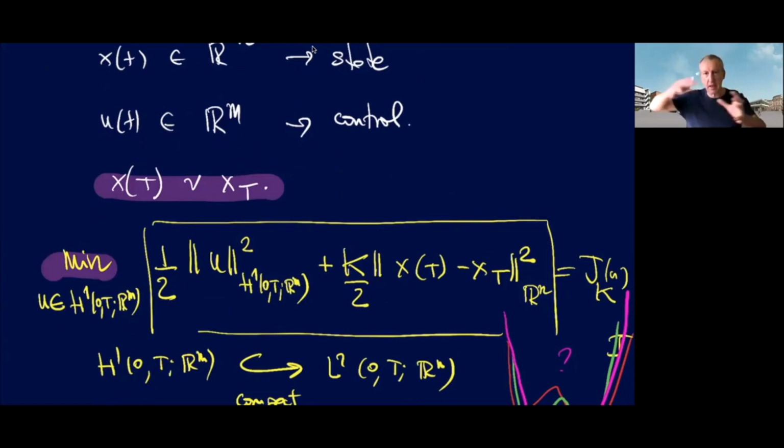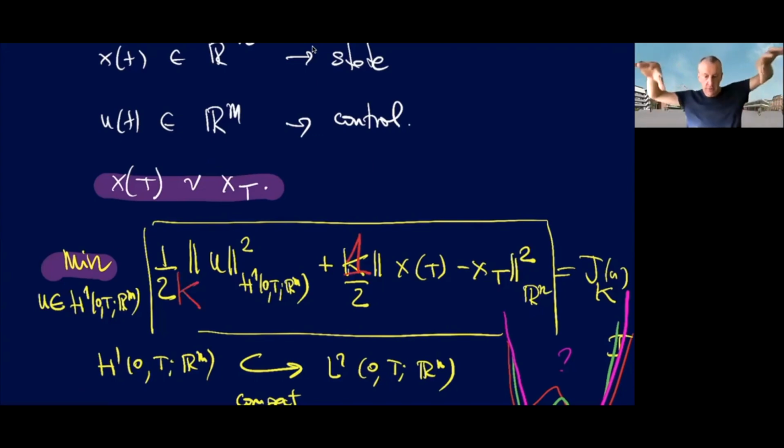If I make k large, this is like pushing the distance to the target to be smaller. By the way, you realize that making k large is the same as taking here a 1 and putting here 1 over k.